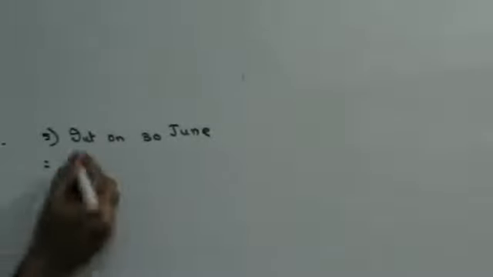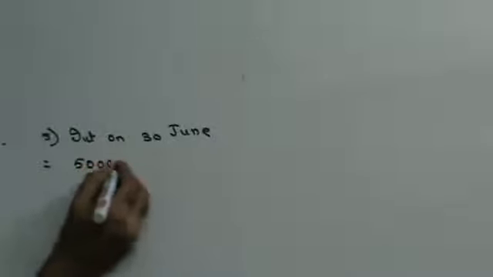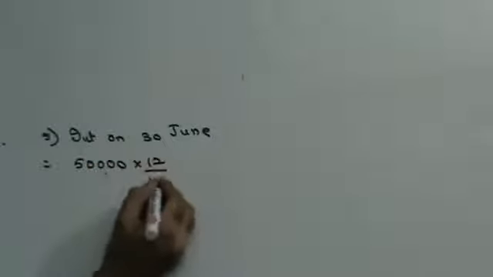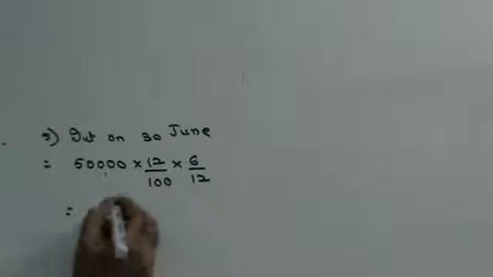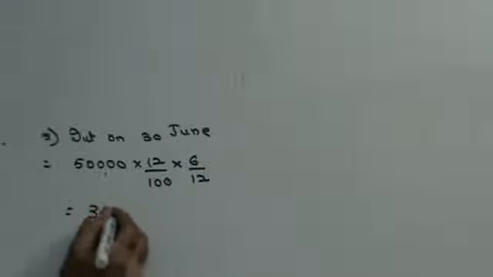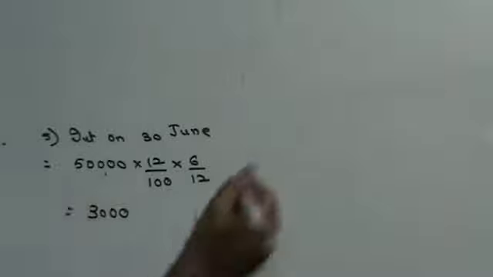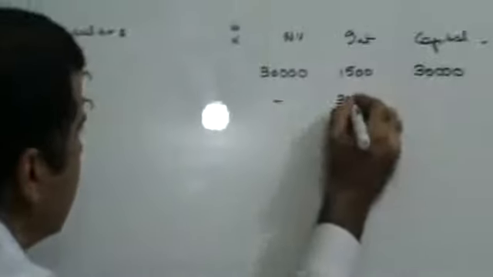These are 12% investments for 6 months. The closest previous date is 31st December. Hence it is 3,000. That's your interest payment date, 3,000.